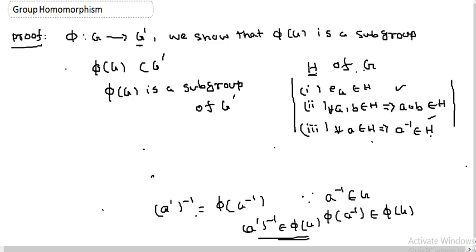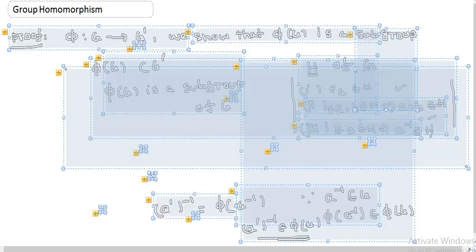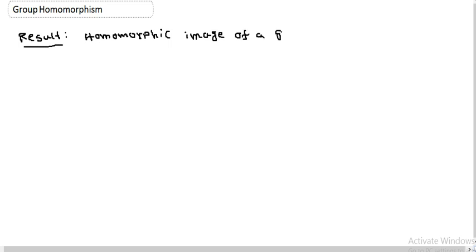In some books you will also find this result stated as: the homomorphic image of a group is a subgroup.